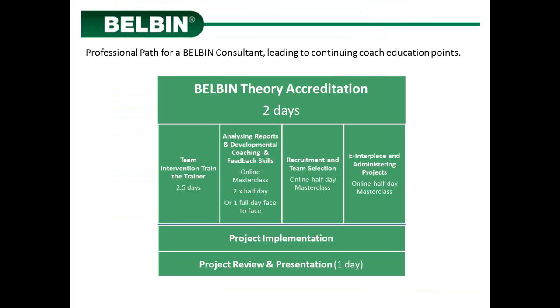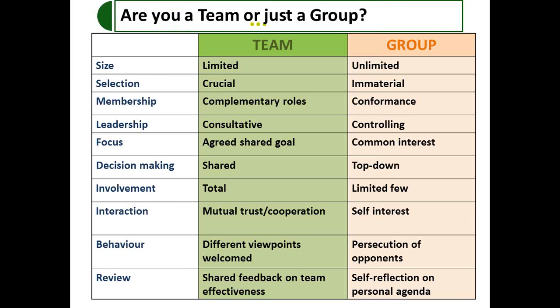John, I'm just going to come in here if there's any comments so far. I think what John just presented is probably one of the key applications of the team performance curve: are you just a team or just a group?